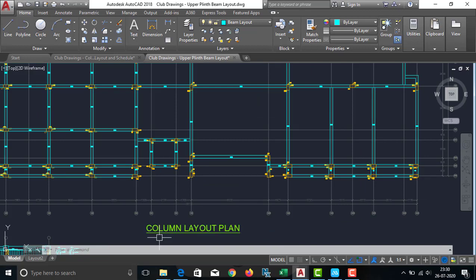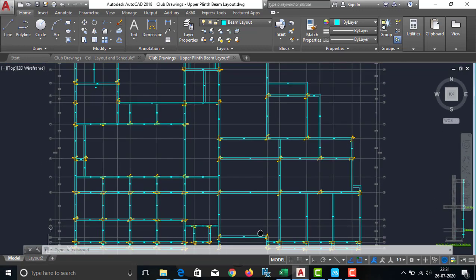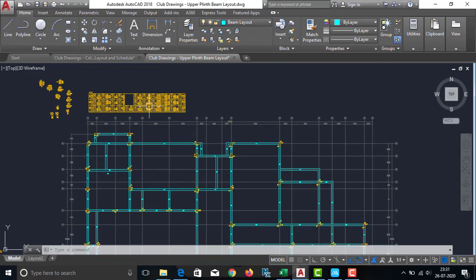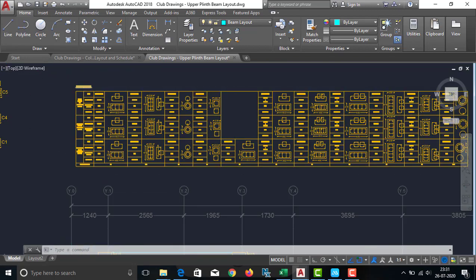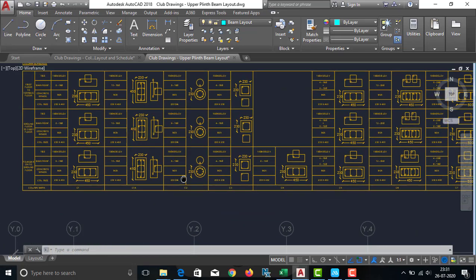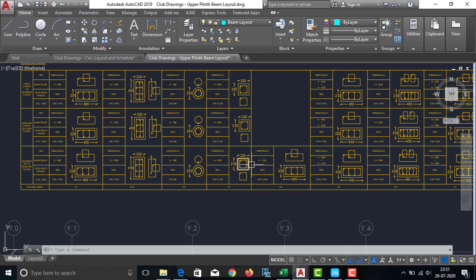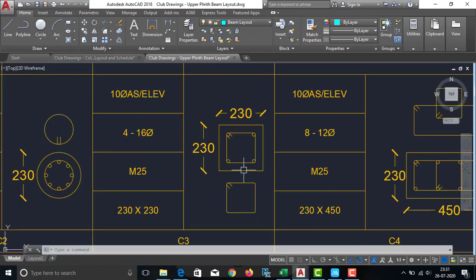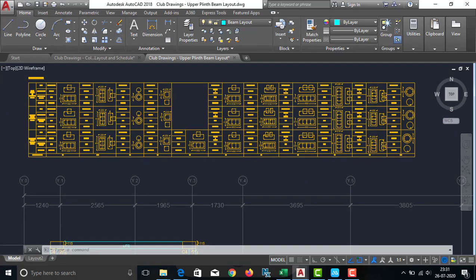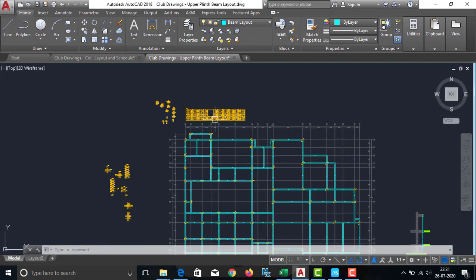It will have a name as column layout plan, which tells us about the locations of columns, and at the top or bottom or at the sides there will be one more table, that is column schedules, which tells us about the sizes of the columns and what diameter bars are used as reinforcement in those columns.